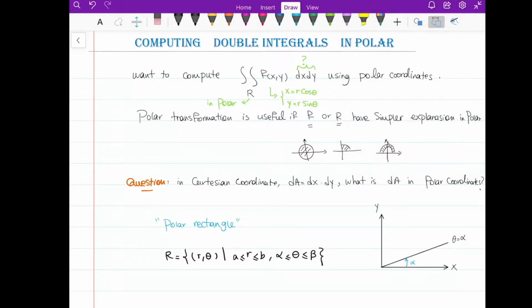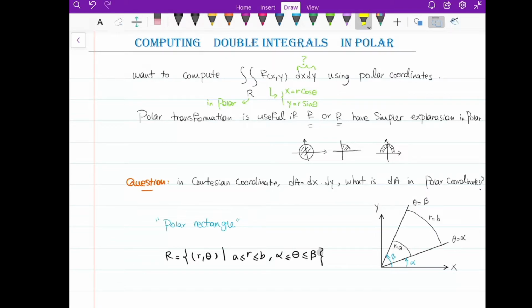I'm gonna have another ray for beta, and this ray is theta equals beta, and then r is between some a and b. So a piece of a circle where r equals a, for example, is here. And then part of a circle of radius r equals b is like that.